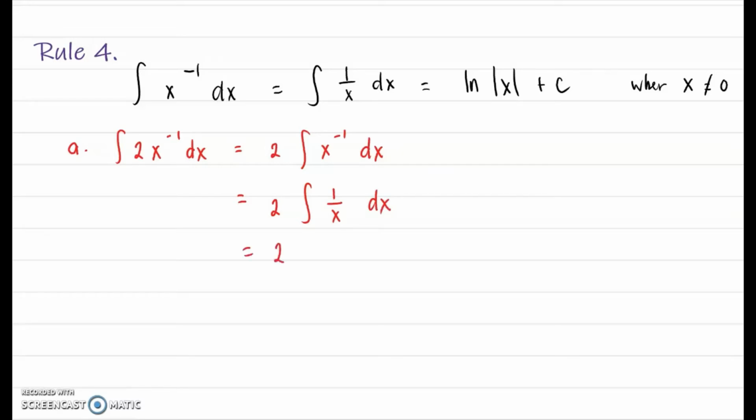So that would be 2 times the integral of 1 over x with respect to x, which is ln absolute value of x plus c. Multiply, we will have 2 ln absolute value of x plus c. And that's our final answer.